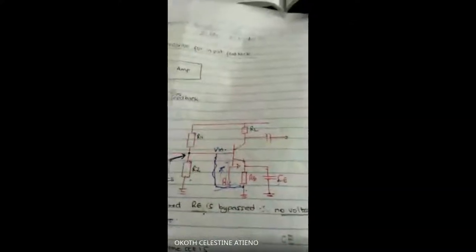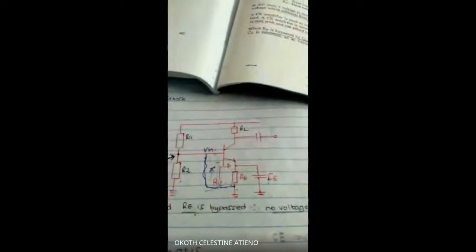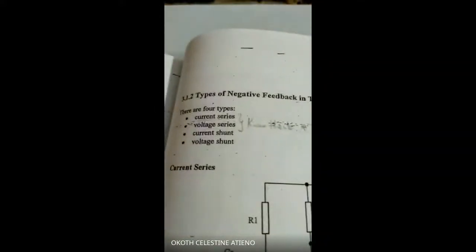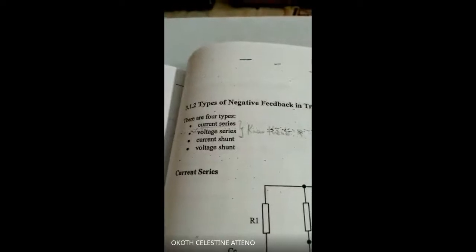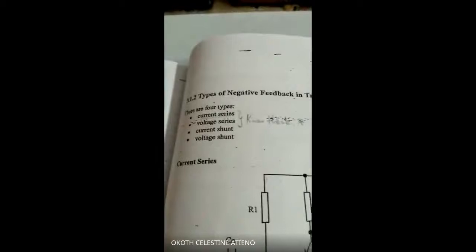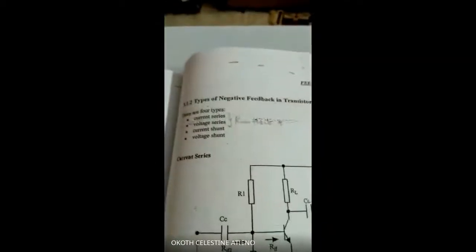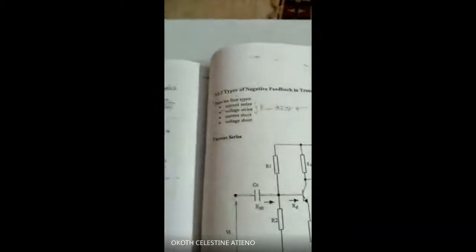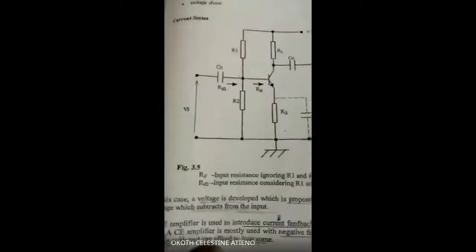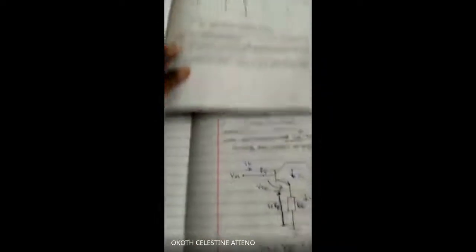When I was doing negative feedback, I came across some types of negative feedback in a transistor circuit: current series, voltage series, current shunt and voltage shunt. But the lecturer only spoke about two, and I've seen he's only tested those two. So that is what I'm going to go through right now. He mostly tests current series, so let me start with that.